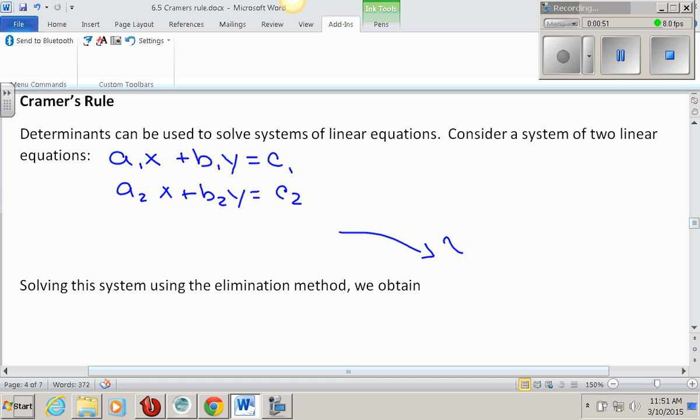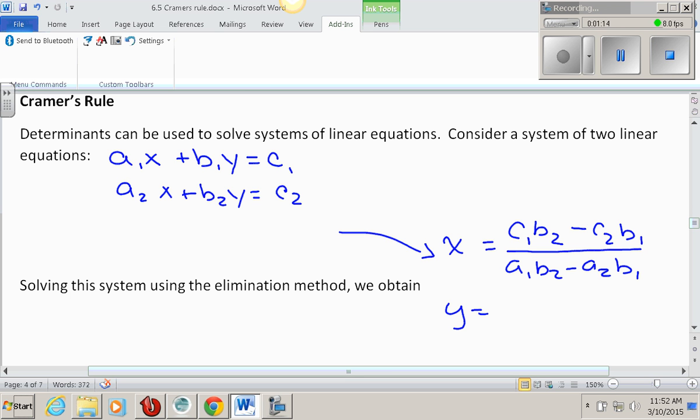So we take our x coordinate here, and it becomes c1, b2, minus c2, b1, all over a1, b2, minus a2, b1. Okay, so we're using this form. We're going to do the same thing for y, except in this case, we're using different values.